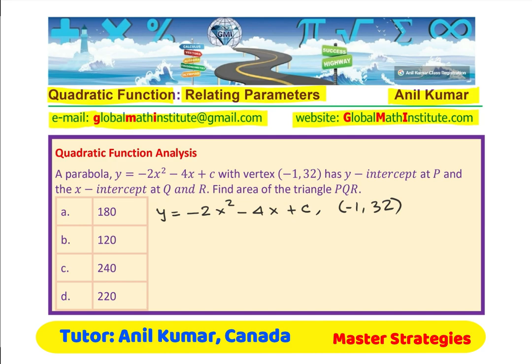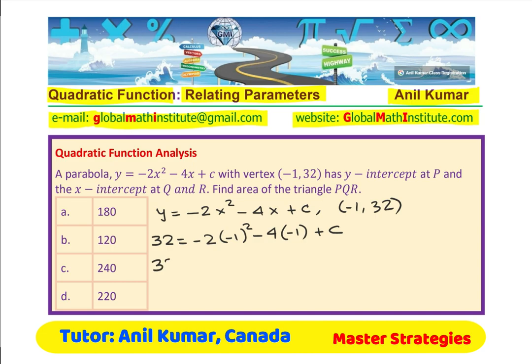This vertex is on the parabola, so it should satisfy the equation. So I'll substitute minus 1 for x and 32 for y. I get 32 equals minus 2 times (minus 1) squared minus 4 times minus 1 plus c. The only unknown, c, can now be found very easily by rearranging the constants.